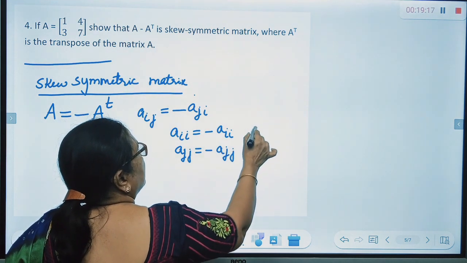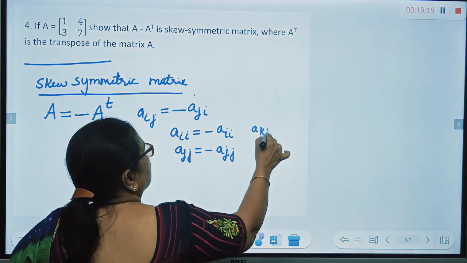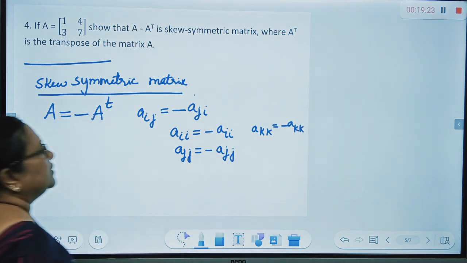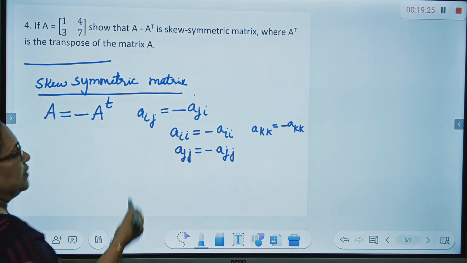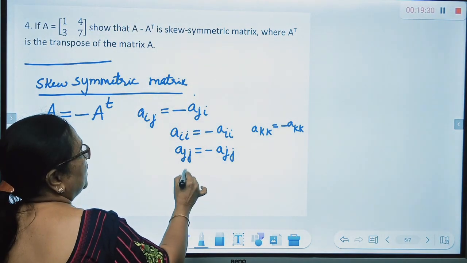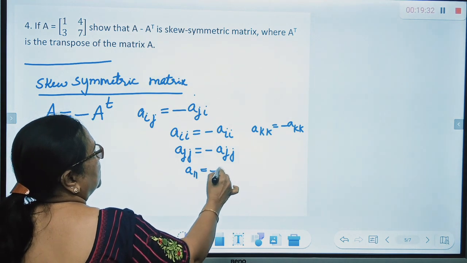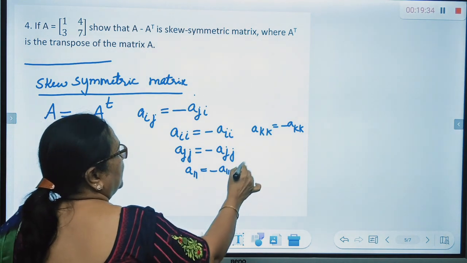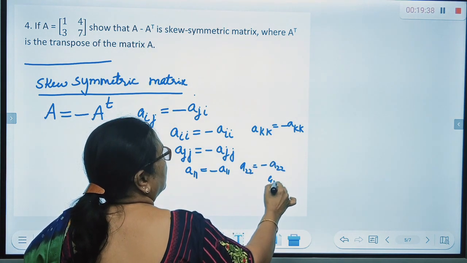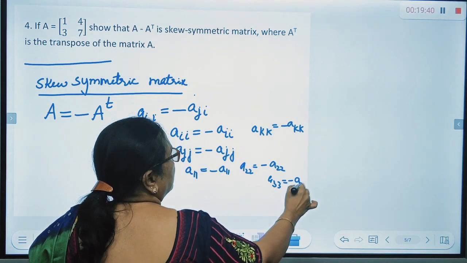When can this happen? Akk will be equal to minus Akk. In particular, if you have 3 by 3, A11 is minus A11, A22 equals minus A22, A33 equals minus A33.